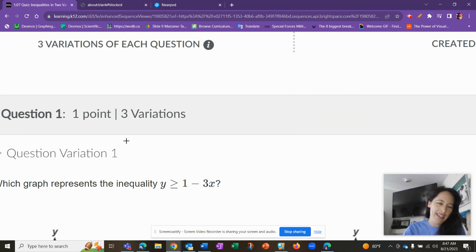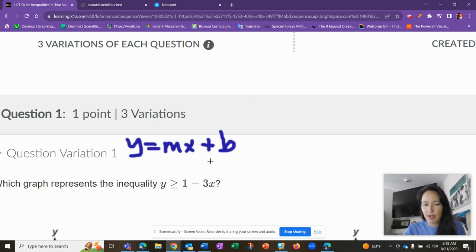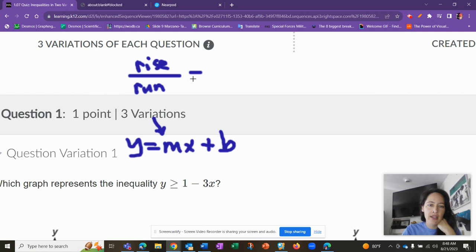Next, this isn't quite in the y equals mx plus b form. Hopefully this is familiar, sparking some memory. M is the slope. The slope, we call it rise over run. Some review. If you guys are like, I already know this, you can kind of skip ahead. Rise over run. Really what's happening is it's the change in the y values over the change in the x values.